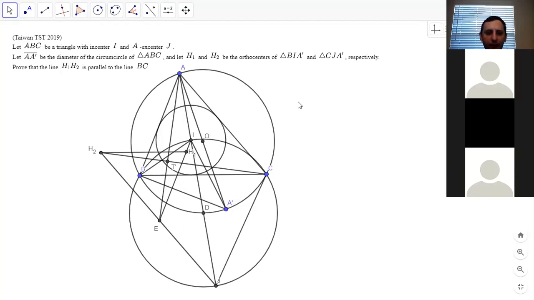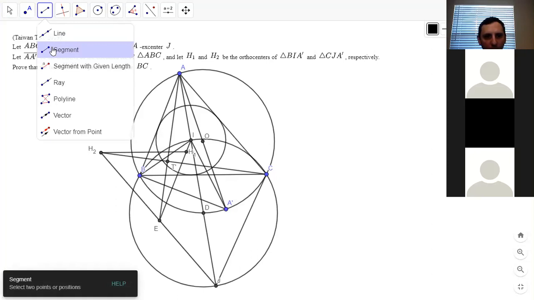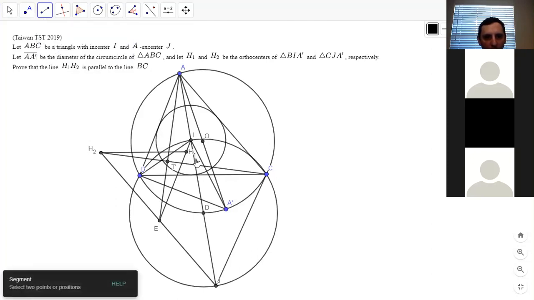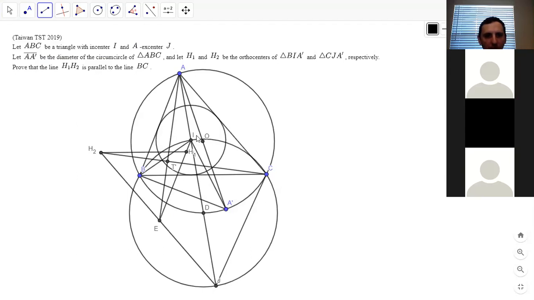I forgot, how did we define point E? That is IH1 cut JH2. Oh, okay. You can define it more easily as the line from I parallel to AB and the line from J parallel to AC concurrent at E. So it's like a parallelogram.